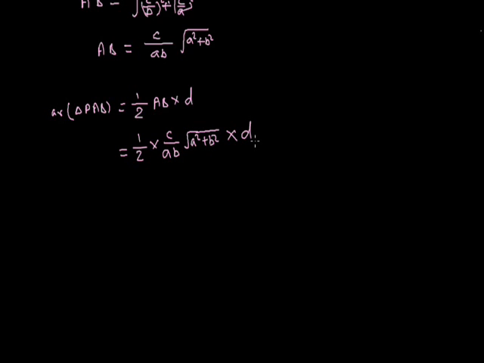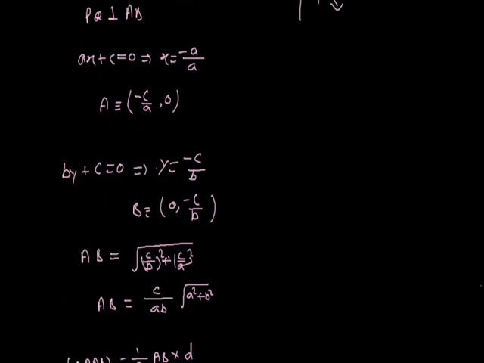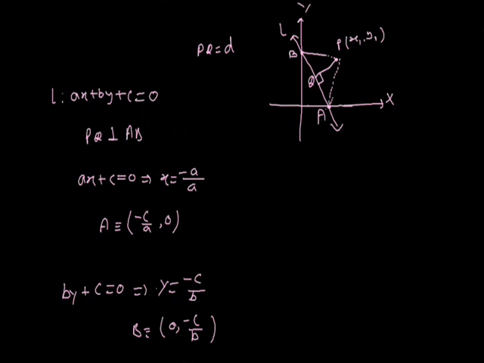Now according to coordinate geometry, we can find the area of the triangle like this also. We can use the formula of coordinate geometry. So the area of triangle PAB is also 1 by 2 mod, x1, because the coordinates of point P are x1 comma y1.